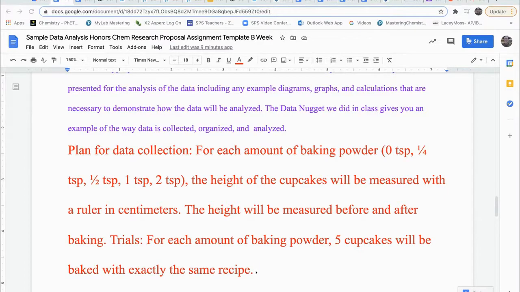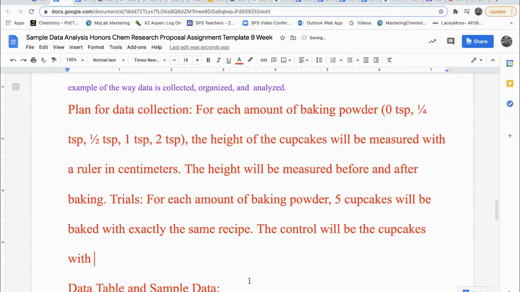I also want to mention my control here. So the control will be the cakes with 0 teaspoons of baking powder.